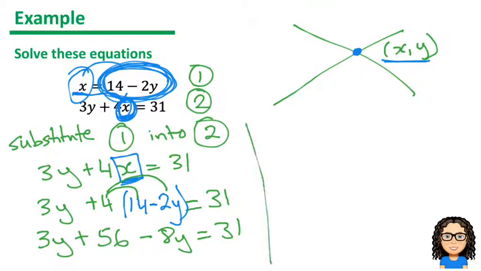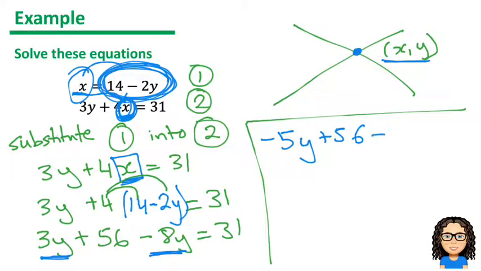Okay, now I want to continue simplifying. So I've got a 3y and I've got a minus 8y. I want to combine those together, so that's going to give me minus 5y plus the 56 is equal to 31. Okay, I'm getting closer. I want to get this equation down to y equals something.